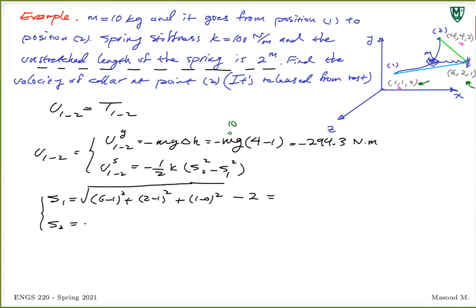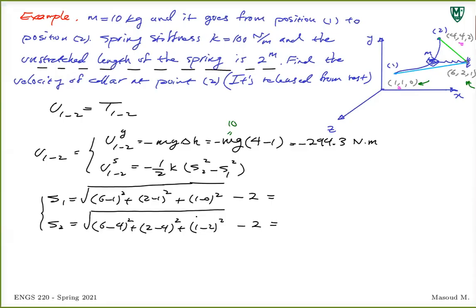Same story about S2. The length of the spring when you are at point 2. Between these two points, you just find the distance in three-dimensional space. That would be 6 minus 4 squared, plus 2 minus 4 squared, plus 1 minus 2 squared, or 2 minus 1, it doesn't really matter, minus the unstretched length.